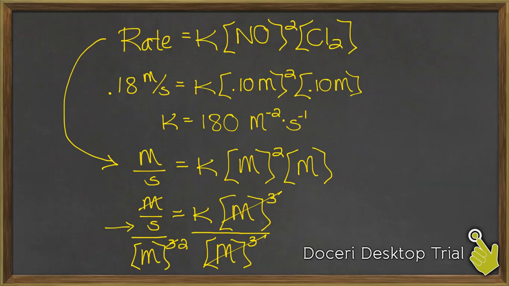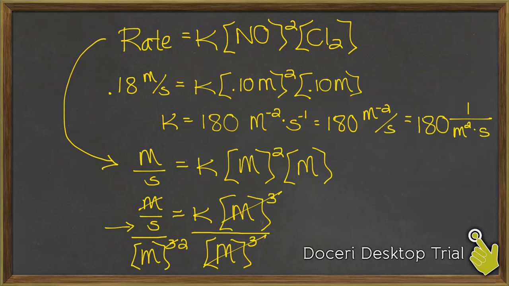So it's molarity to the negative 2 times seconds to the minus 1. You could write that. You could write molarity to the negative 2 per second. Or it's not as pretty, but it works. All of those are the same thing, and they're all acceptable.